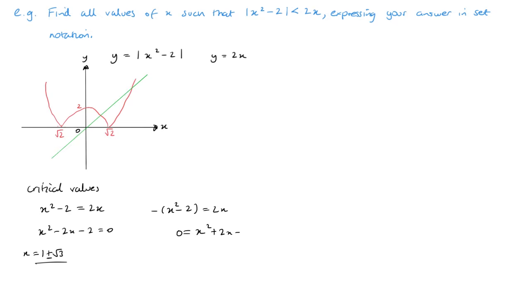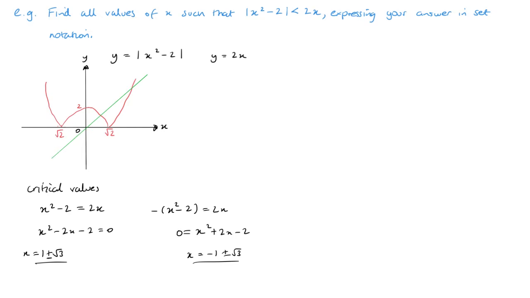And that gives me x equals minus 1 plus or minus root 3. And again, both of these values won't work, because minus 1 minus root 3 is going to be a negative value, and we've already established that there's no point of intersection there.